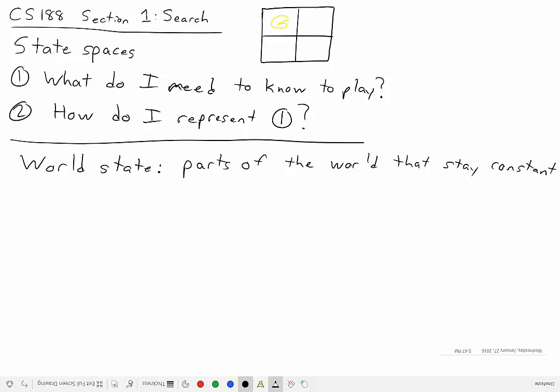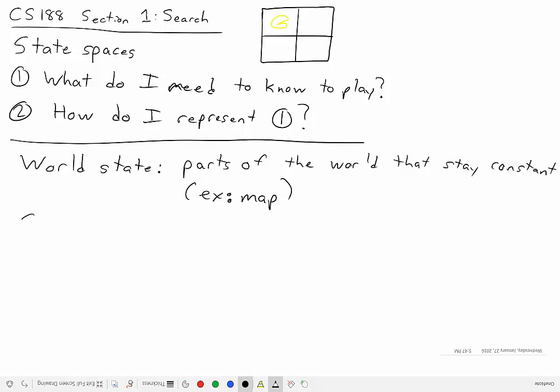For example, in this Pac-Man that I drew above, the map is constant. Although you could imagine a game where the map constantly changes, in all of our examples in 188, the map will stay constant.